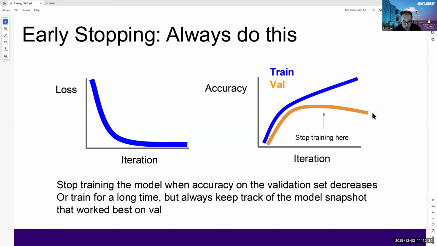So stop training the model when accuracy on the validation set decreases, or train for a very long time but always keep track of the model snapshot that works best on the validation. That means you are going to save all these weights for each epoch, and then choose the epoch that gives you the best validation accuracy.